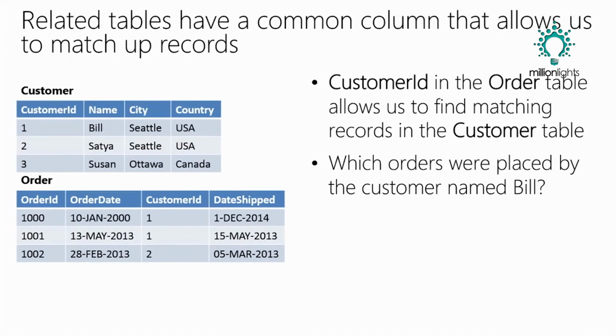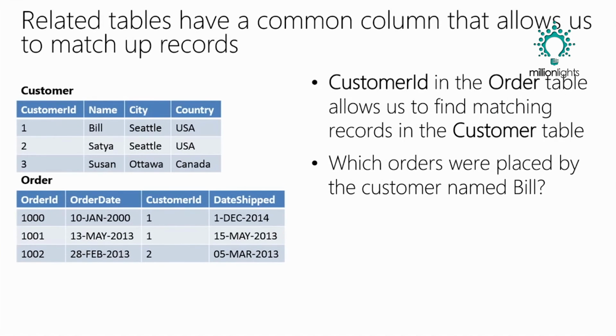So in this one, which orders were placed by the customer named Bill? Say Bill calls me up on the phone and I'm working in customer service, and I better look up his orders so I can see what he might be complaining or asking about. Looking at the slide, how do you figure out which orders came from Bill?